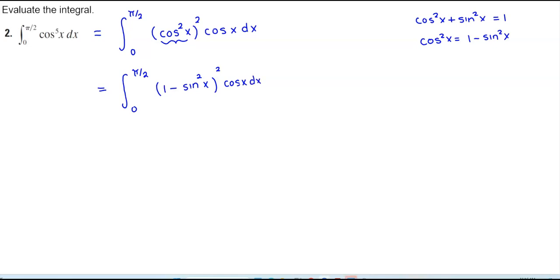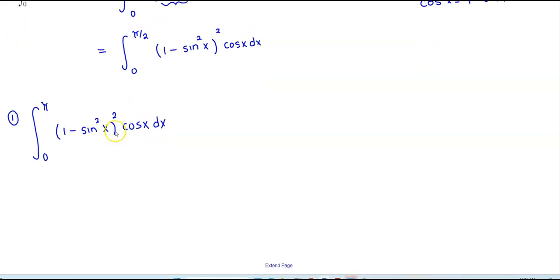Now we can decide to do the u substitution of this integral. We go from 0 to pi over 2 of 1 minus the sine squared x, squared, times the cosine x dx. What are we going to let u equal?